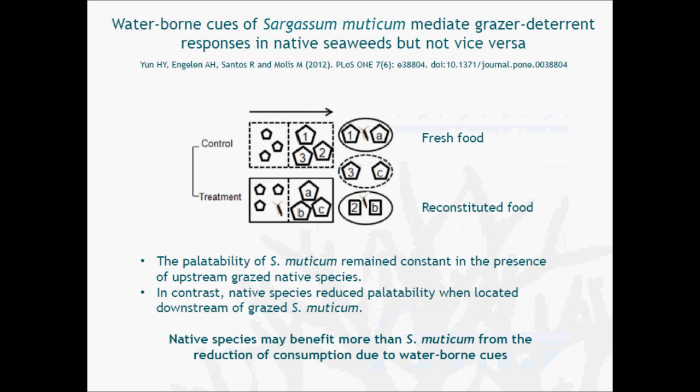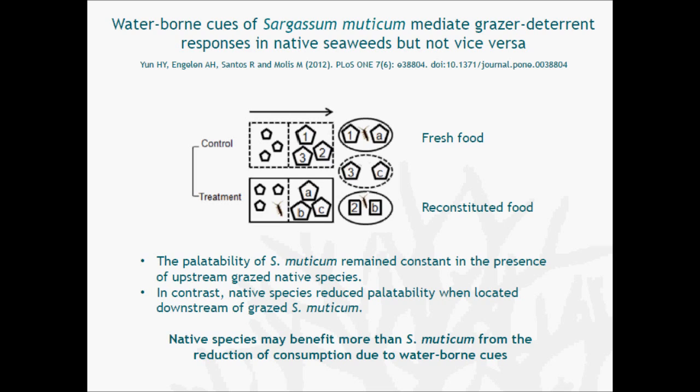In contrast, which is interesting, when you put Sargassum muticum here, the other species can detect a cue. So when you put Sargassum muticum here with the herbivores, these guys here react, producing something anti-herbivory. Okay, so the palatability of Sargassum muticum doesn't change, but the native species will change.